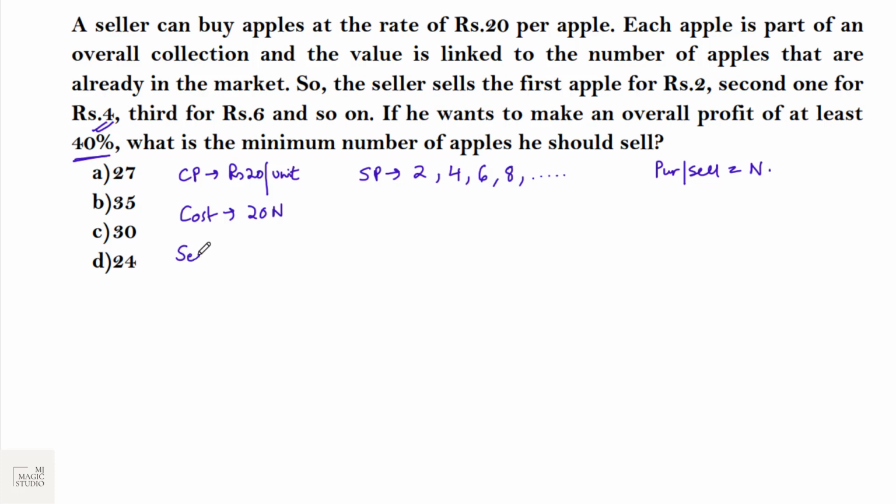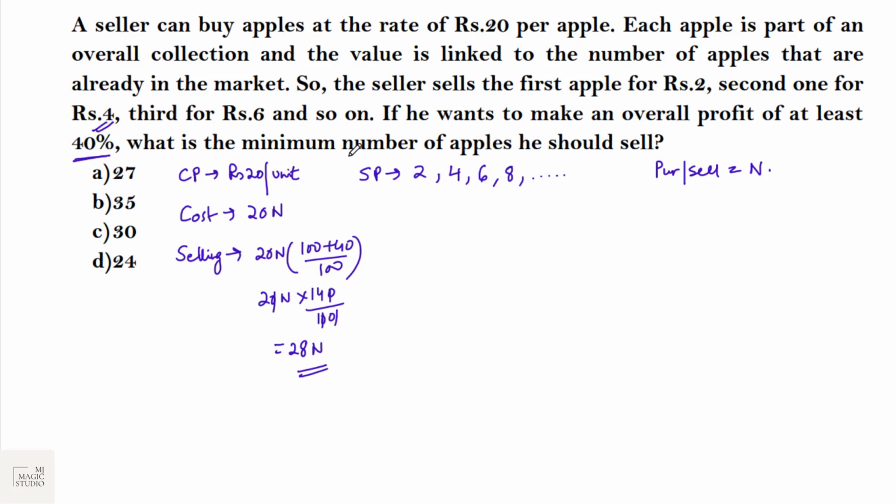So the selling revenue that he will recover from selling n pieces would be cost into (100 plus profit) by 100. That would be 20n into 140 by 100. If I cancel this, 28n. So total revenue that he wants to collect is 28n.